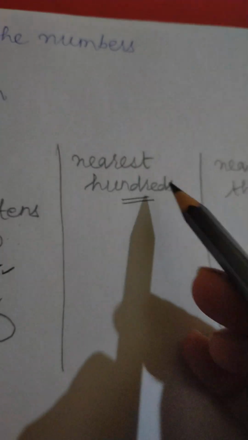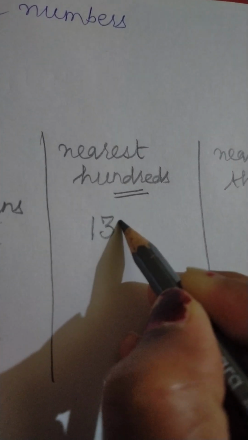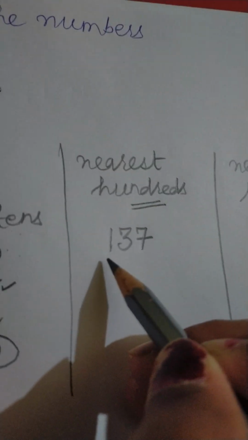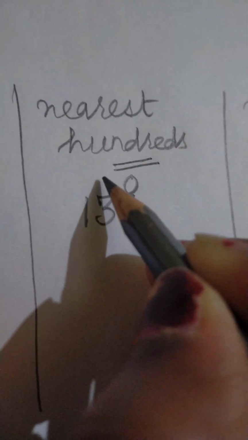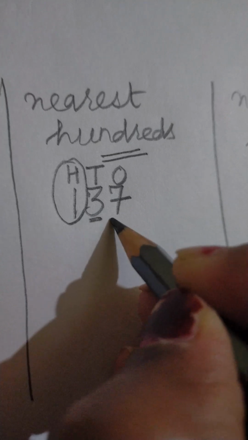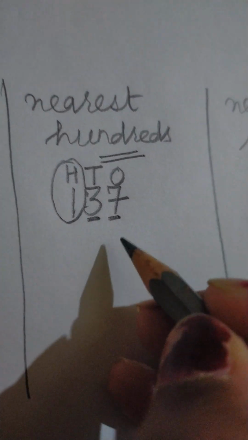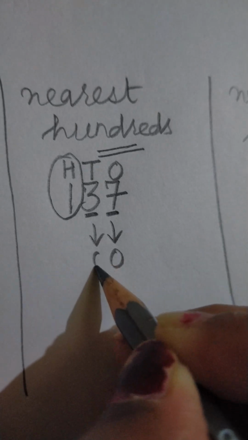Yes, same for the nearest hundreds. For example, we have 137. We have to round this off to the nearest hundred. Firstly, we will write the places: ones, tens, hundreds. We have to round off the hundreds place digit, so we will underline both the other digits, and both underlined digits will become 0.